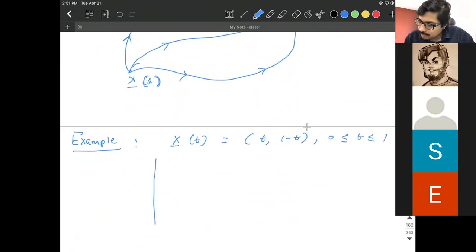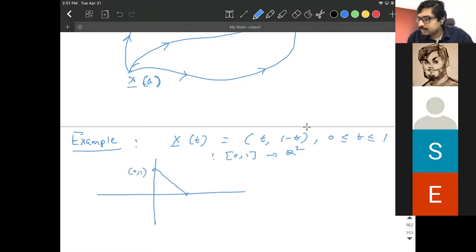Now, if you draw the picture in R^2, so this is from [0,1] to R^2, then it defines a line segment which starts at (0,1). So at t equals 0, it's at (0,1), and then travels to (1,0). Okay, so it gives an orientation.